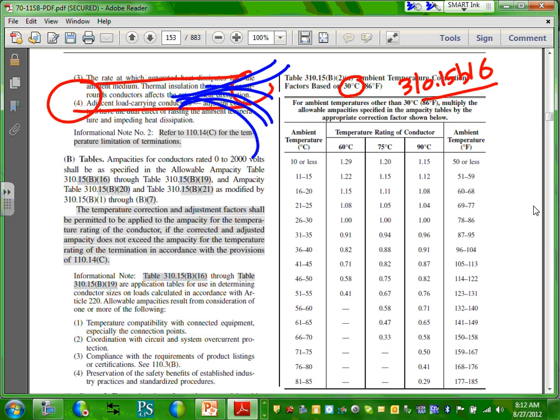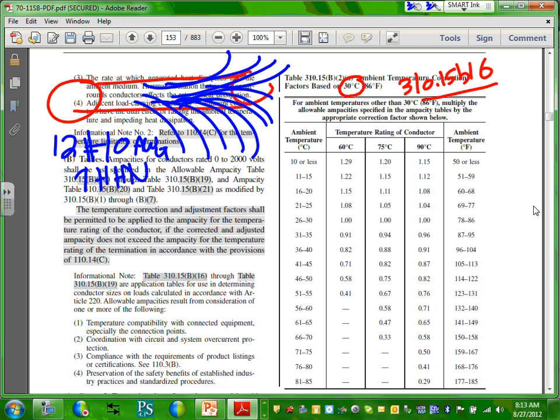1, 2, 3, 4, 5, 6, 7, 8, 9, 10, 11, 12. I have 12 conductors, number 10 AWG THHN, all of them.